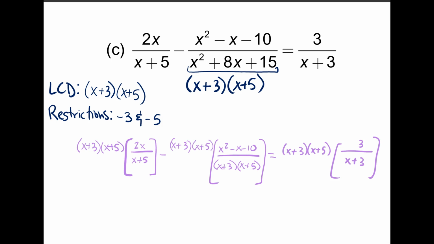Step 4, eliminate common factors. The x plus 5 goes away, both terms here go away, x plus 3 goes away, and I can rewrite it so that way it's a little simpler.